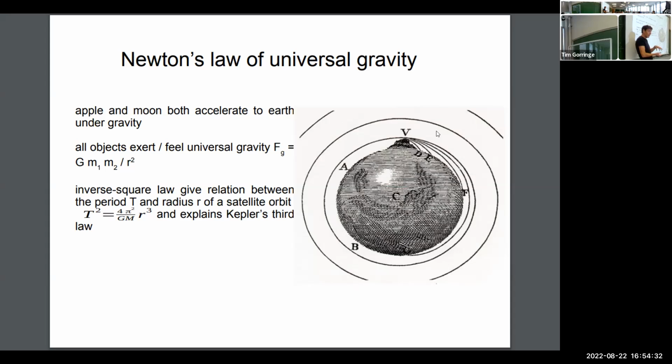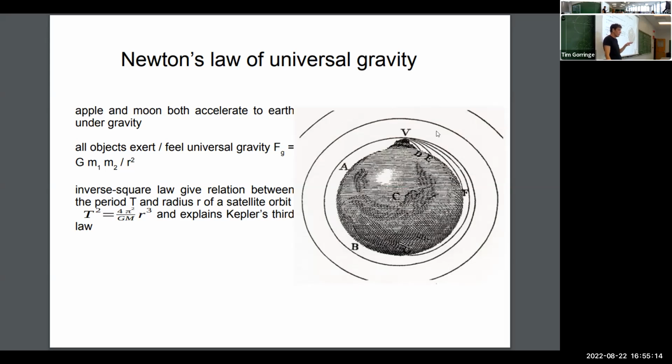By unifying that terrestrial and celestial motion, he was able to come up with the law of universal gravity, that all objects with mass interact with one another through gravitational force. They experience gravitational forces in proportion to their masses. And those forces between massive objects depend on the inverse square of the separation between the objects. So that's Newton's universal law of gravity.